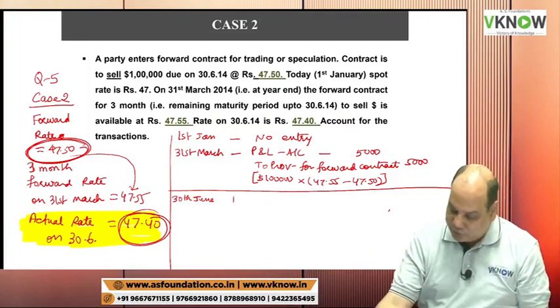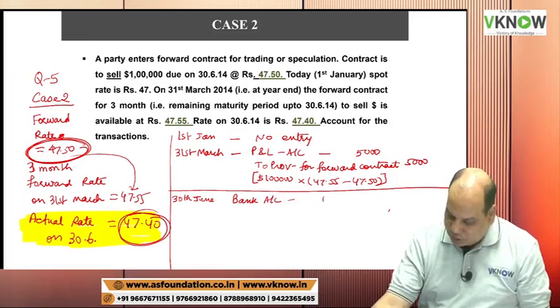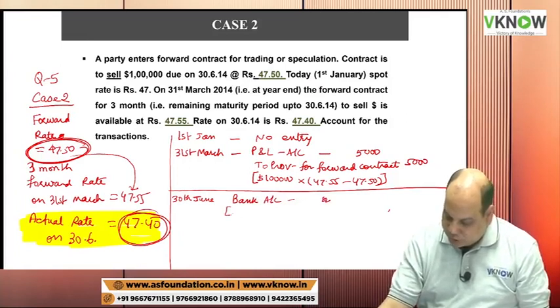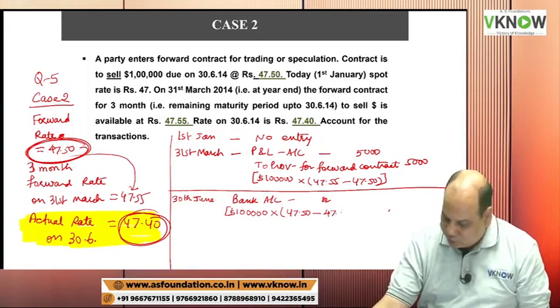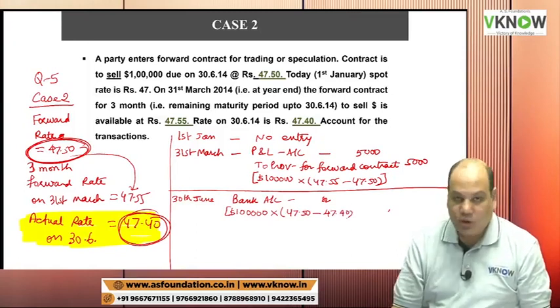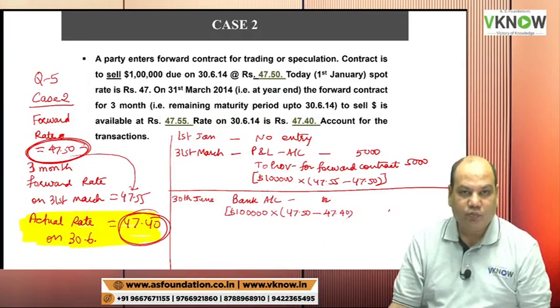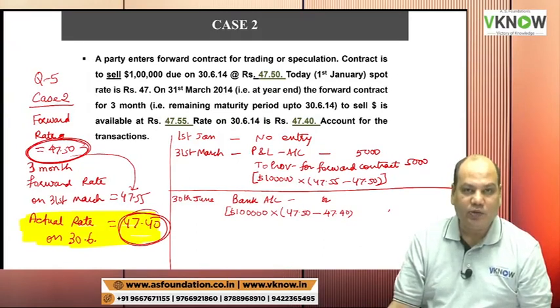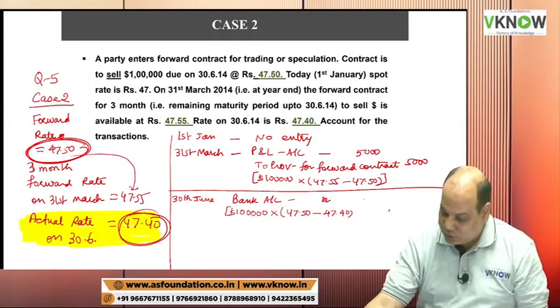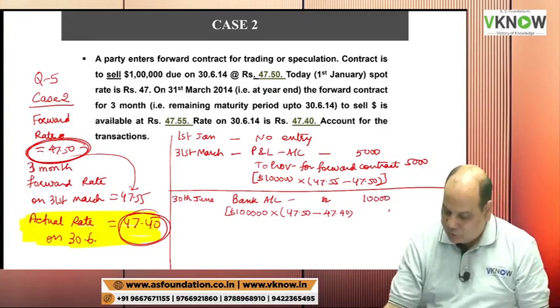0.10 I will receive. Bank account debit. This time I will receive $1 lakh into difference between 47.50 and 47.40. So in the ultimate analysis, I will earn 10,000 rupees. Okay.